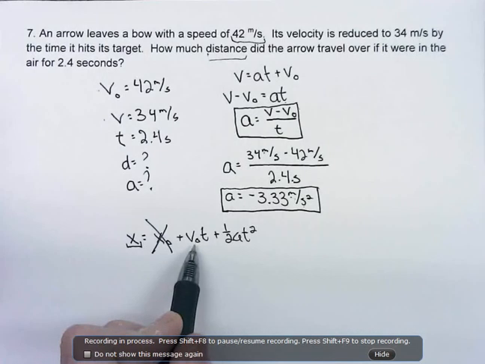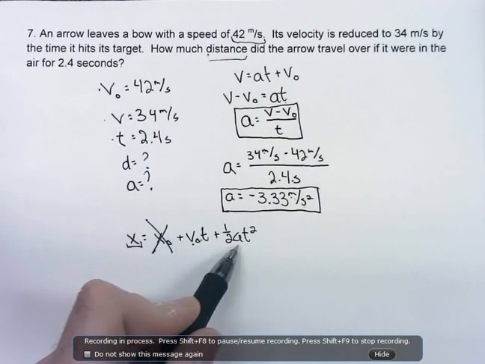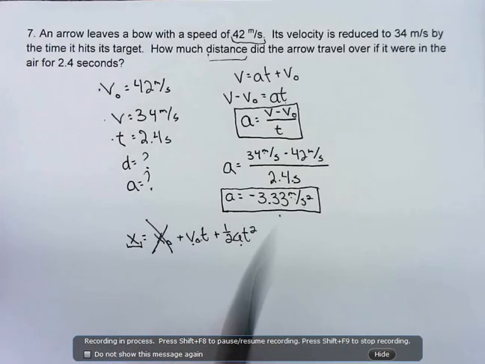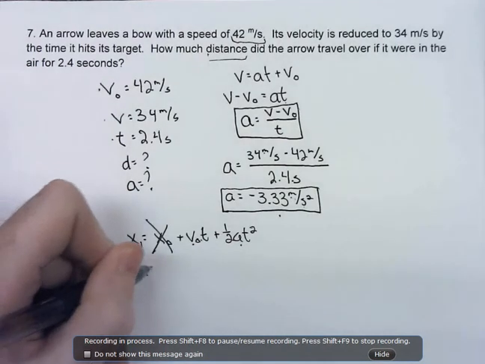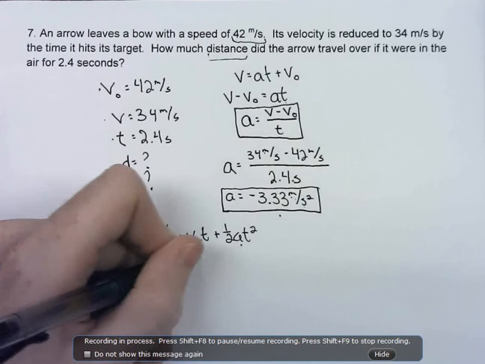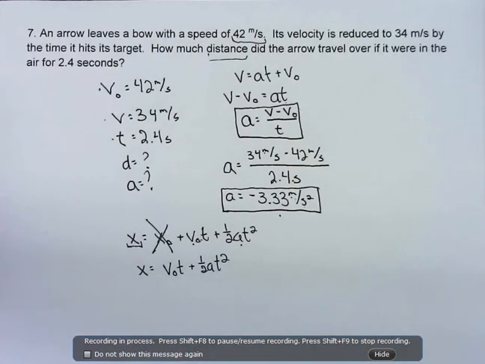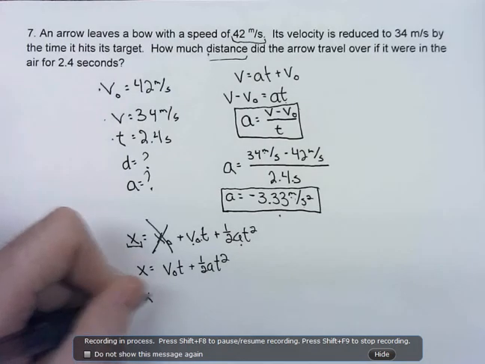I know v sub o. I know time. I know acceleration now. I just solved for it. And I also know time again. So I'll rewrite that now. x equals v_o t plus 1/2 a t squared. Almost there. Let's plug our numbers in and keep the units.